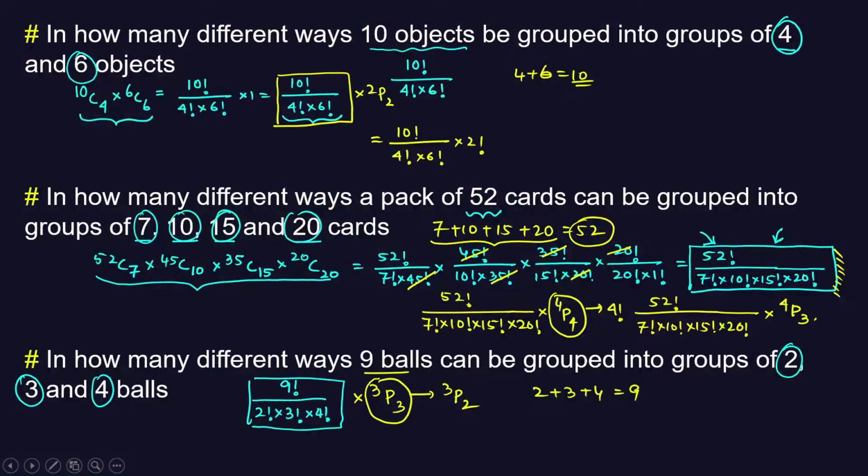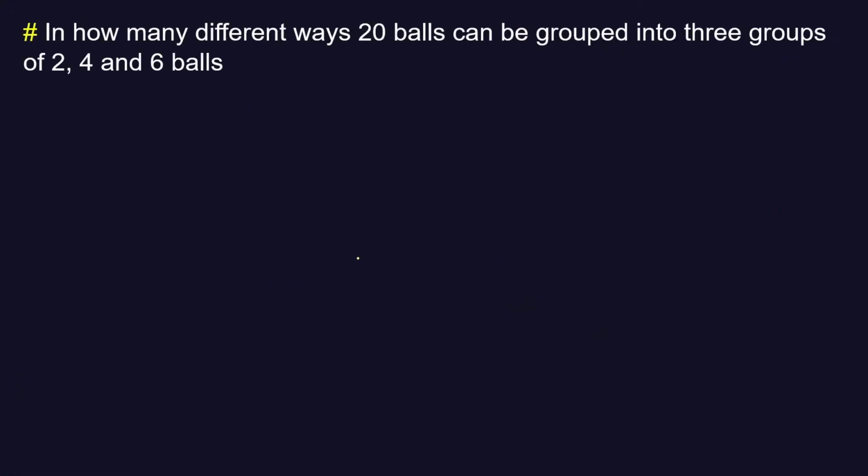But what happens if I take an example like this? See this question. In how many different ways can 20 balls be grouped into 3 groups containing 2 balls, 4 balls and 6 balls? Now observe one thing, 2 plus 4 plus 6 is less than 20.